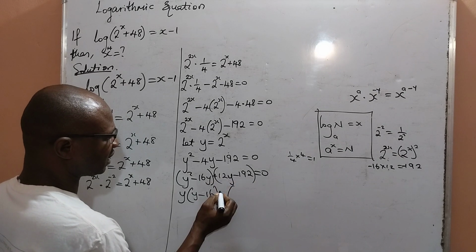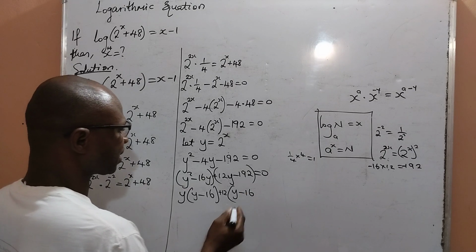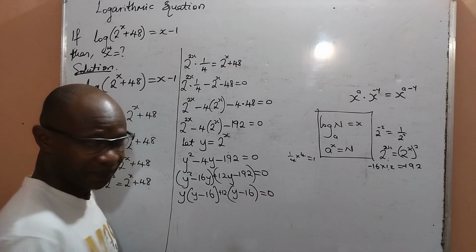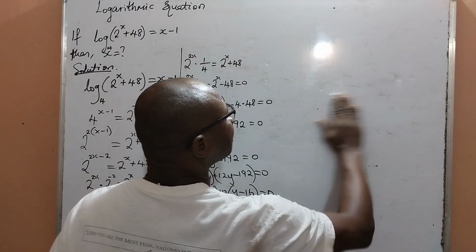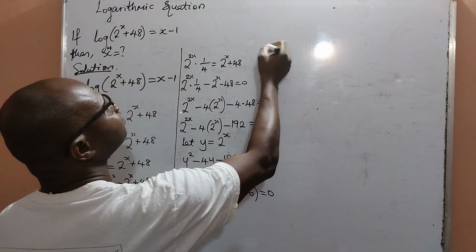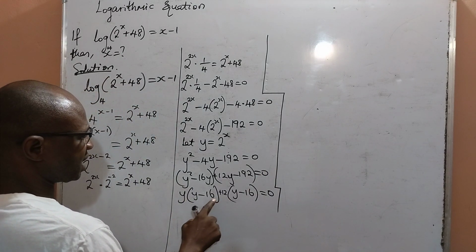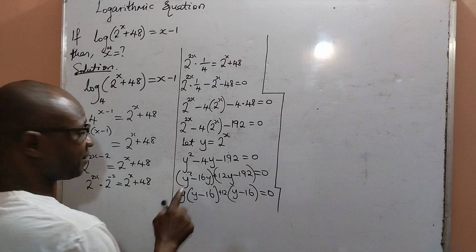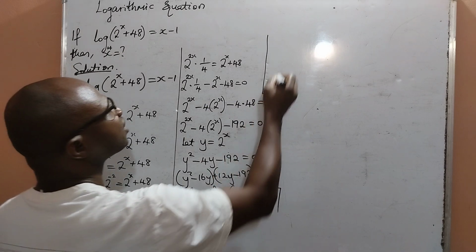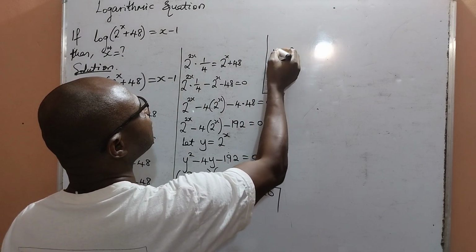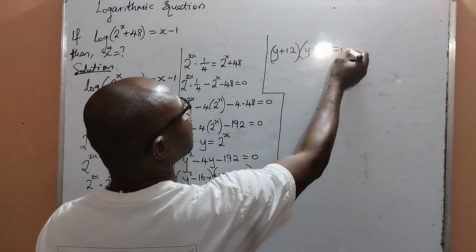In the second bracket, I have plus 12, leaving me with y minus 16 as well, equal to 0. What is common here, I have the brackets the same, so I form a bracket again with y outside the bracket and the plus 12 to get y plus 12, then into y minus 16. Everything now is equal to 0.